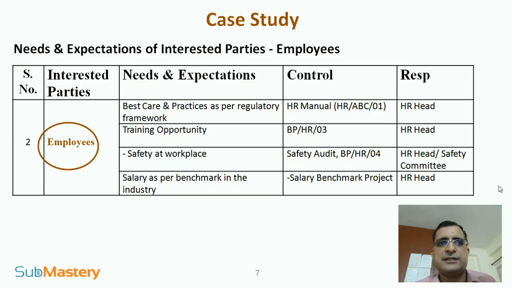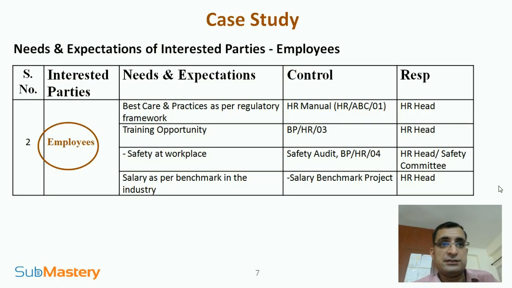For example, a survey can be done for employees and for suppliers; for customers it is in their supplier quality manuals, and a survey can also be done. So wherever possible, documented evidence must be shown.